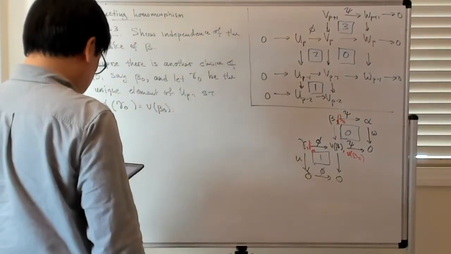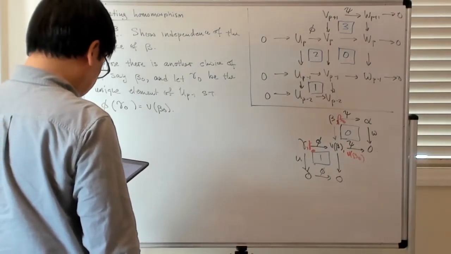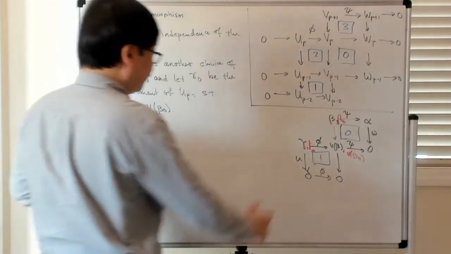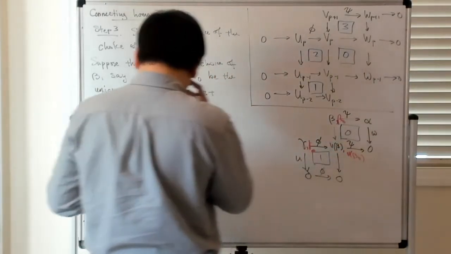It's unique because, again, phi is injective, so there's a uniqueness there. So that's where we're at: we have beta and beta 0, we have v beta and v beta 0, gamma and gamma 0.